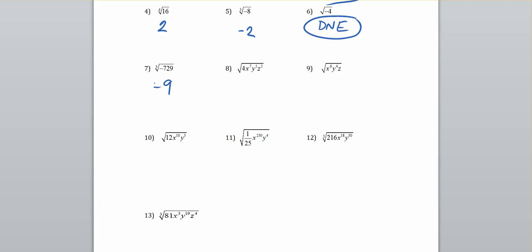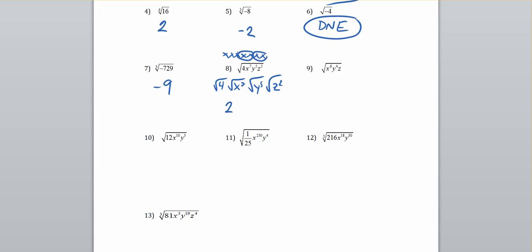All right, look at number 8. This is a square root. If this helps some of you, what this actually means is you're really just taking the square root individually of each of these things. So I say, what's the square root of 4? Well, I know that's 2. That's going to come out of the radical. Now, x to the 7th is not a perfect square. If I were to write that out, 1, 2, 3, 4, 5, 6, 7, I'm looking for pairs since I'm doing a square root.